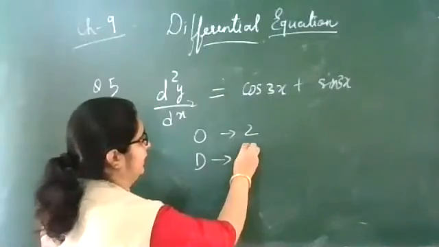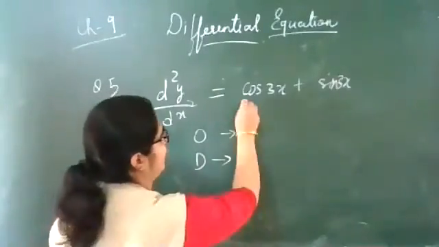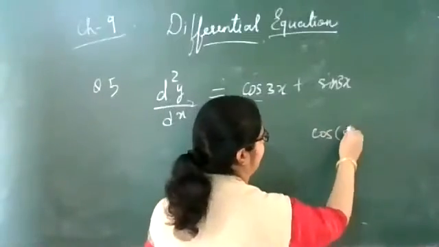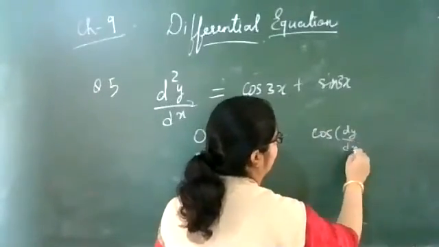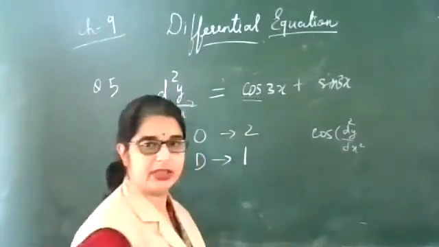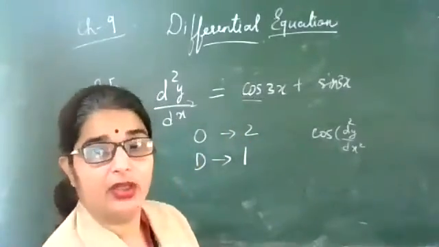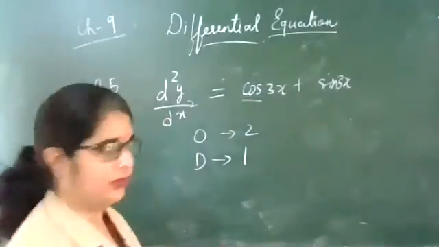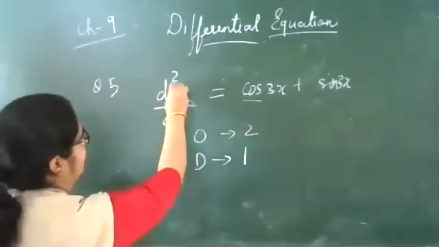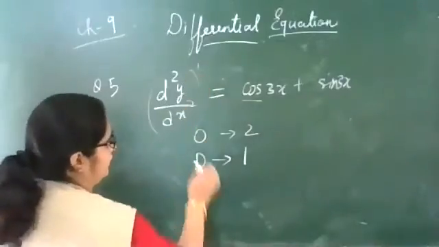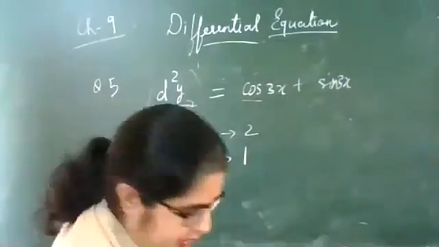Degree is 1. If you say cos is there, ma'am, but cos is not along with any derivative, not along with any first, second, third order derivatives. So the highest order derivative is 2 and the degree is 1. So come to question number 6.